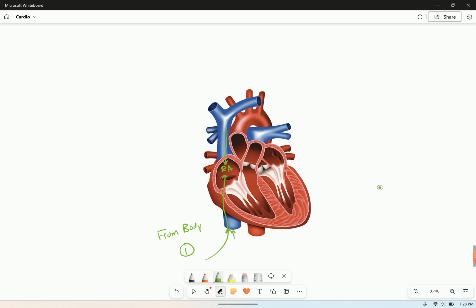Okay, in part two, blood is going to go from the right atrium into the right ventricle, and it has to pass through the atrioventricular valve, the tricuspid valve.